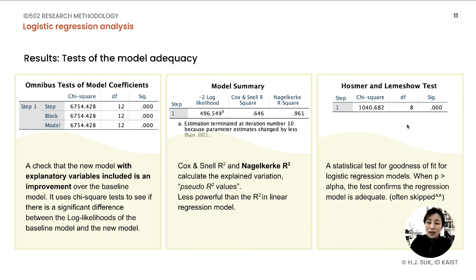In our case the result was statistically significant, so it's inadequate. It's not that my result was not significant so I ignored it. There's a tendency that it is often skipped in reporting. So this chi-square result should be significant, and these two R-square values should be larger.